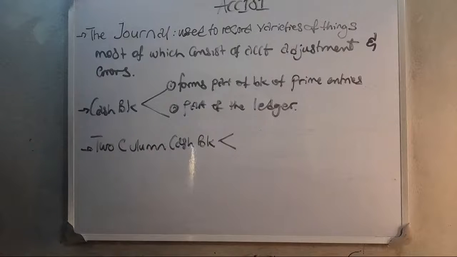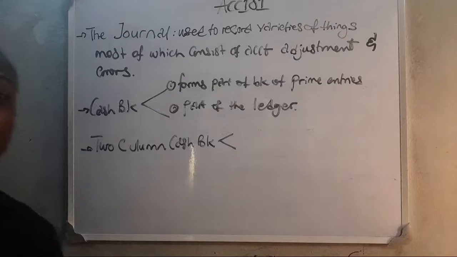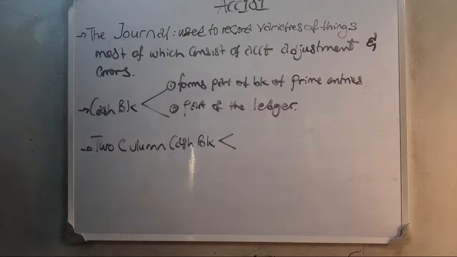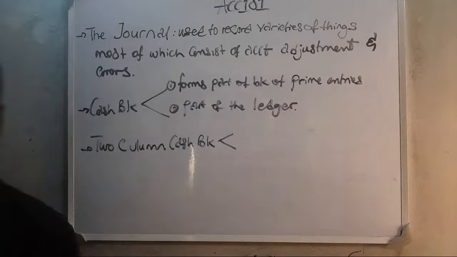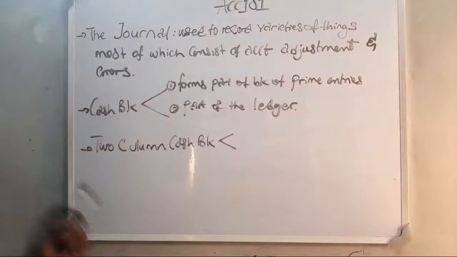So now the 2-column cash book is one in which cash received and paid are recorded in one column on each side of the cash book. And so now you see that there's accommodation for both cash and check. But in a single column cash book, there's only accommodation for cash, no accommodation for bank.